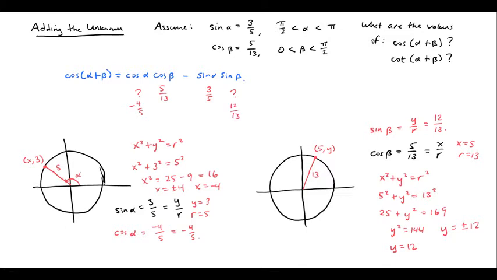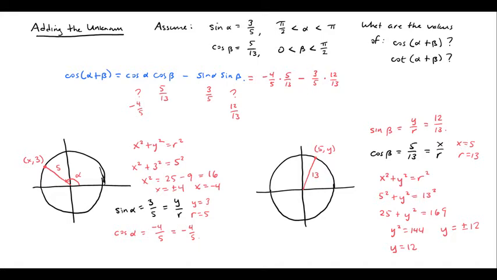And now we have all the little ingredients that we need to finish off finding the value of this expression here. So cosine of alpha plus beta is going to be negative 4/5 times 5/13. So that's kind of nice how that worked out. I actually didn't even intend to do that. Minus sine of alpha, that's 3/5, times sine of beta, that's 12/13. All right, now we just have a little work to do here. Actually, I have the feeling that this 65 down here is not going to get canceled by anything up here.